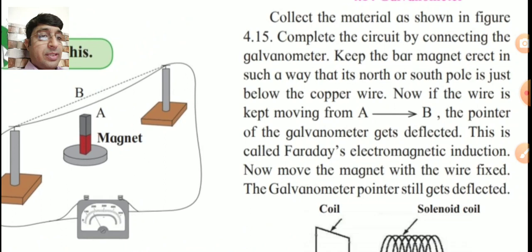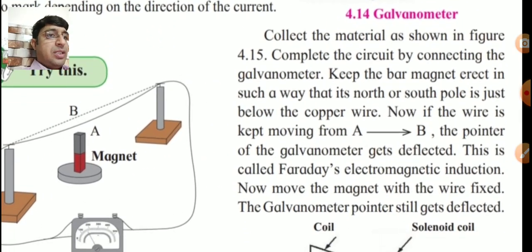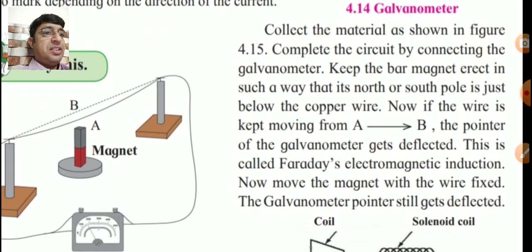Now see what is given. Collect the material as shown in the figure. Complete the circuit by connecting the galvanometer. Keep the bar magnet erect, means standing position, in such a way that its north or south pole, any one, is just below the copper wire. Copper wire does not touch that magnet.